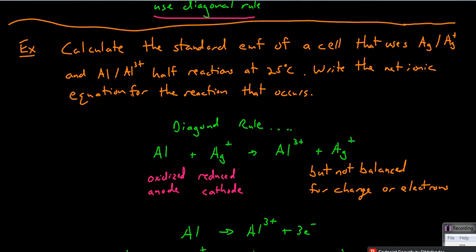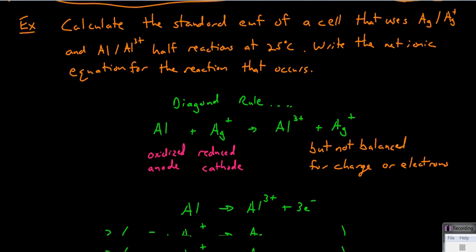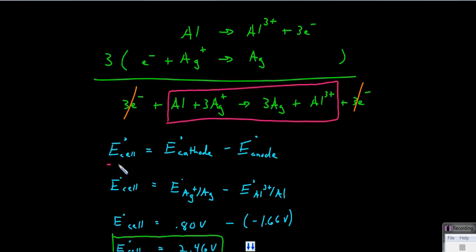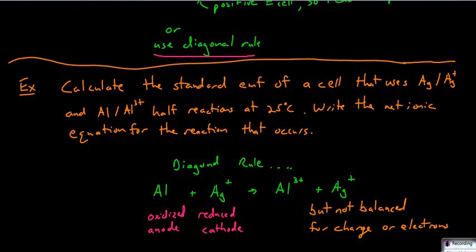One way that we could do this is getting E cell equal to E cathode minus E anode, but we don't yet know what is going to be at the cathode and what is going to be at the anode. One way to consider that is to consider what is the reaction that will be occurring. And so we can decide what reaction is occurring by using the diagonal rule.